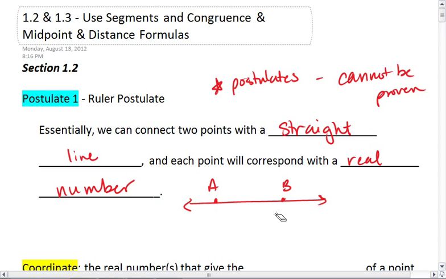It allows me to give A and B numerical points so I can identify their location. For example, perhaps A will be at 3 and B will be at 5. So then I know that the distance between the two is 2 units.